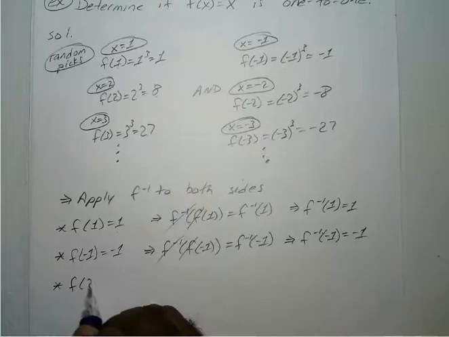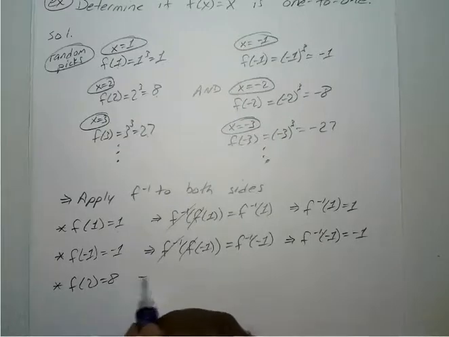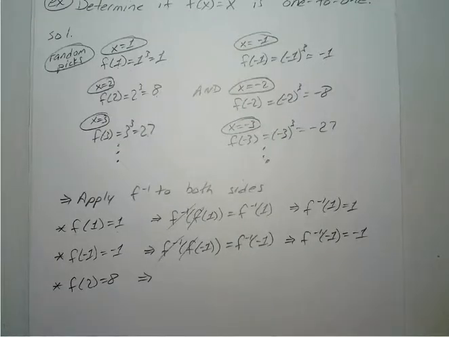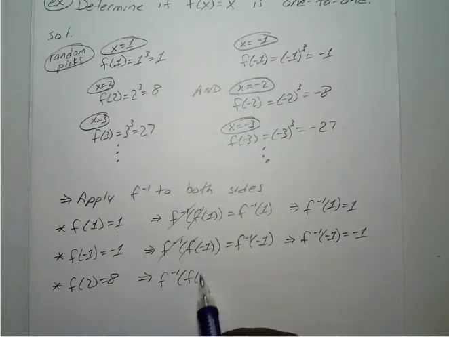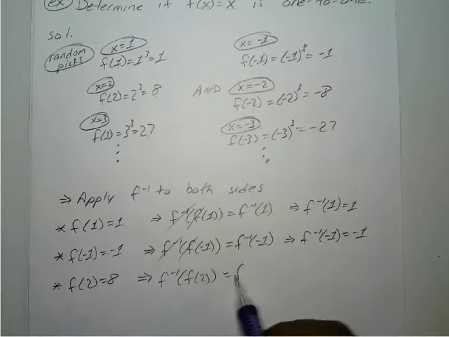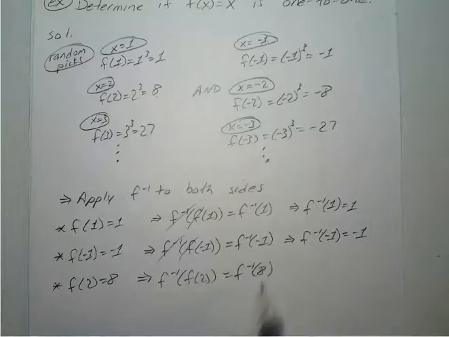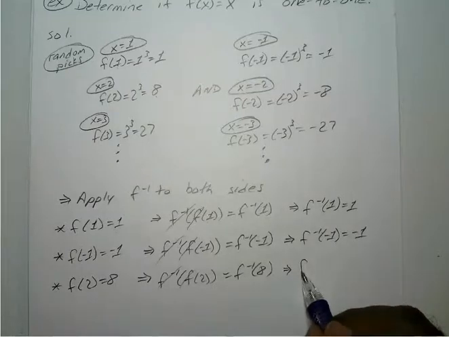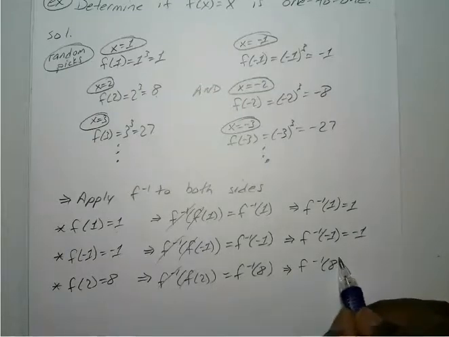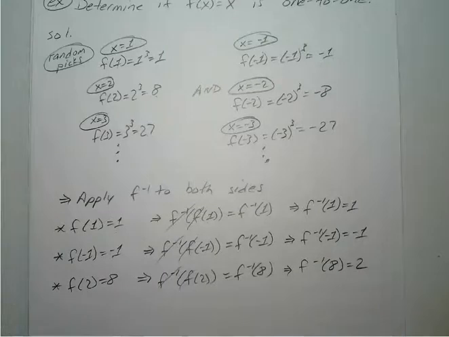Okay, so how about f of 2? We know that equals 8. F inverse of f of 2 equals f inverse of 8. Remember, those two cancel each other out. So we have f inverse of 8 equals 2.